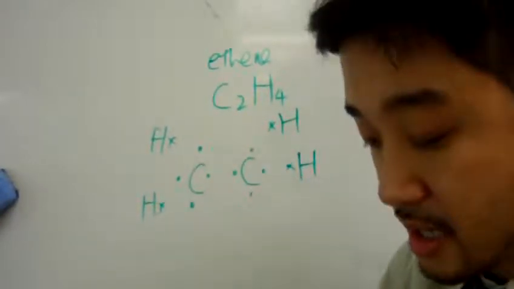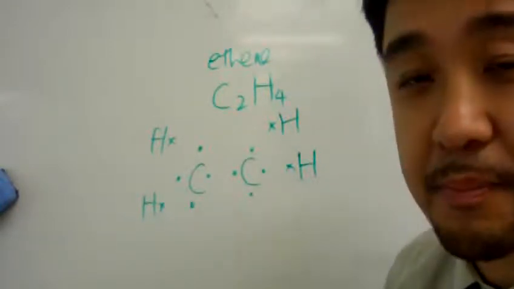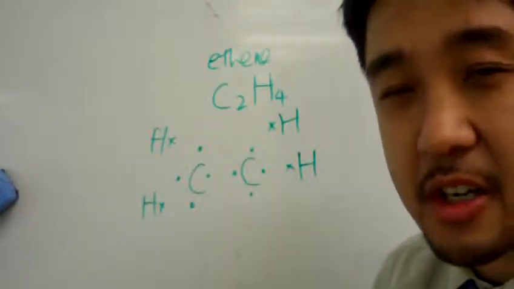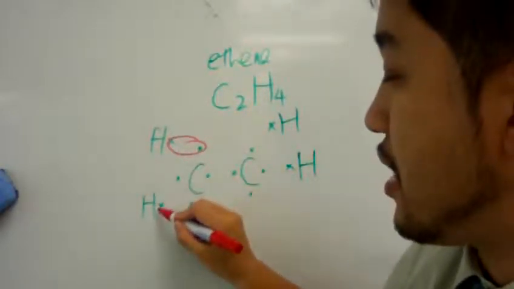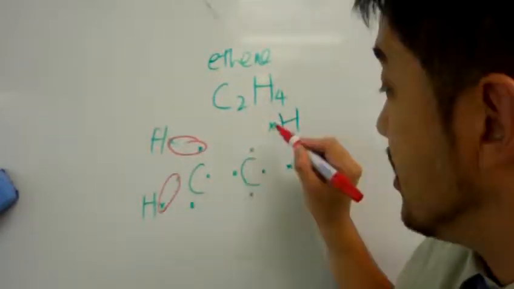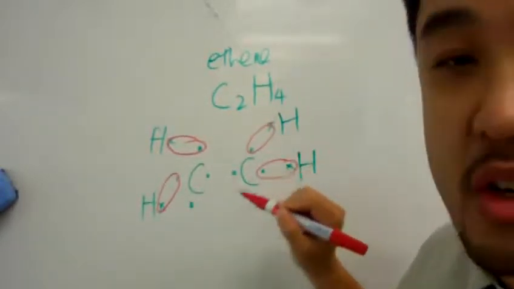Now we're just going to try to link up and see the bonds that are going to be formed. So I'm going to assume that this is going to form a bond, and that's going to form a bond, and maybe this is going to form a bond, and that's going to form a bond.